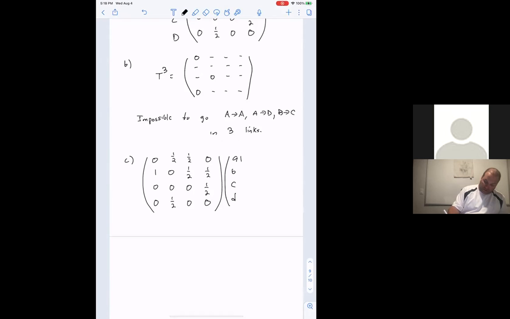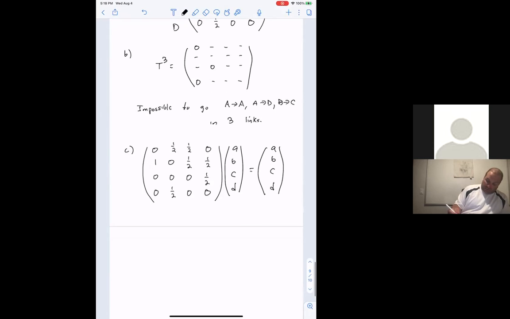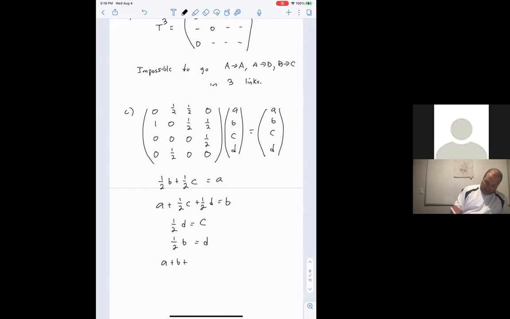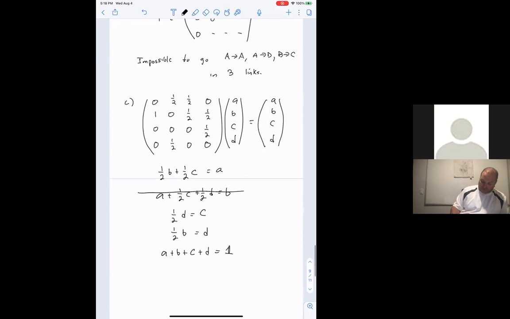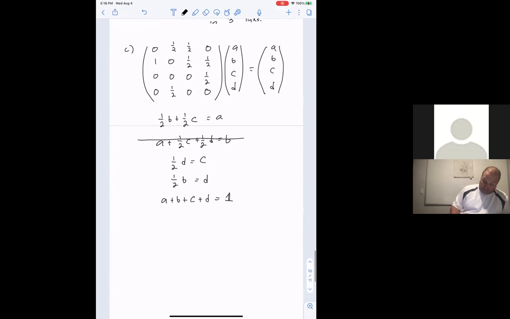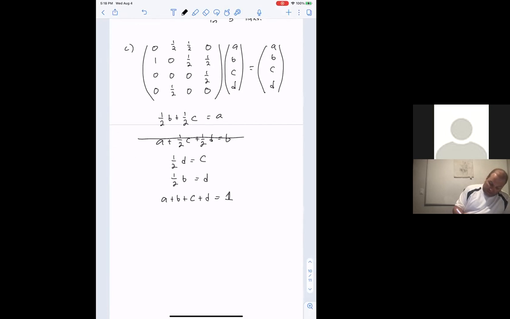A, B, C, D gives me A, B, C, D. First one gives me 1/2 B plus 1/2 C equals A. A plus 1/2 C plus 1/2 D is equal to B. 1/2 D is equal to C. 1/2 B is equal to D, and A plus B plus C plus D is equal to 1. Let's throw out that one, which is the most complicated.